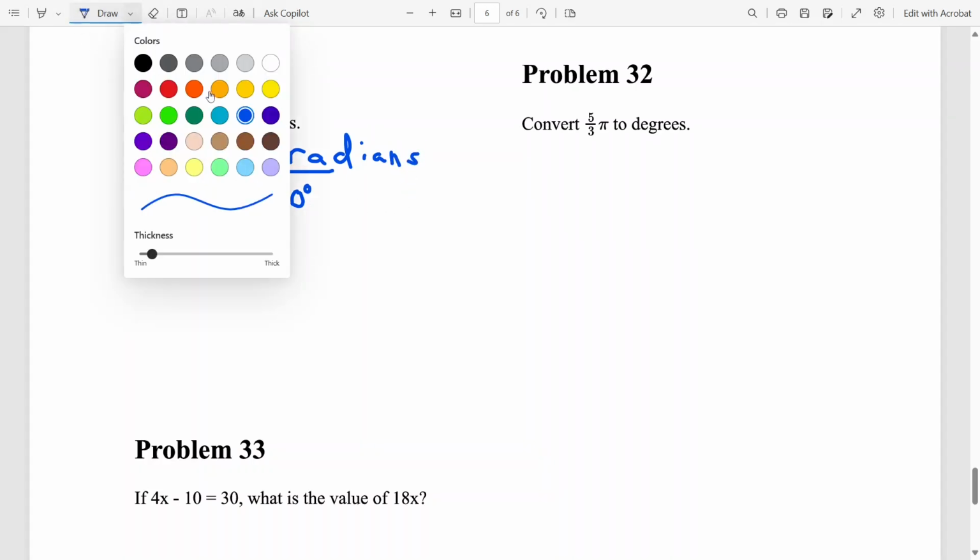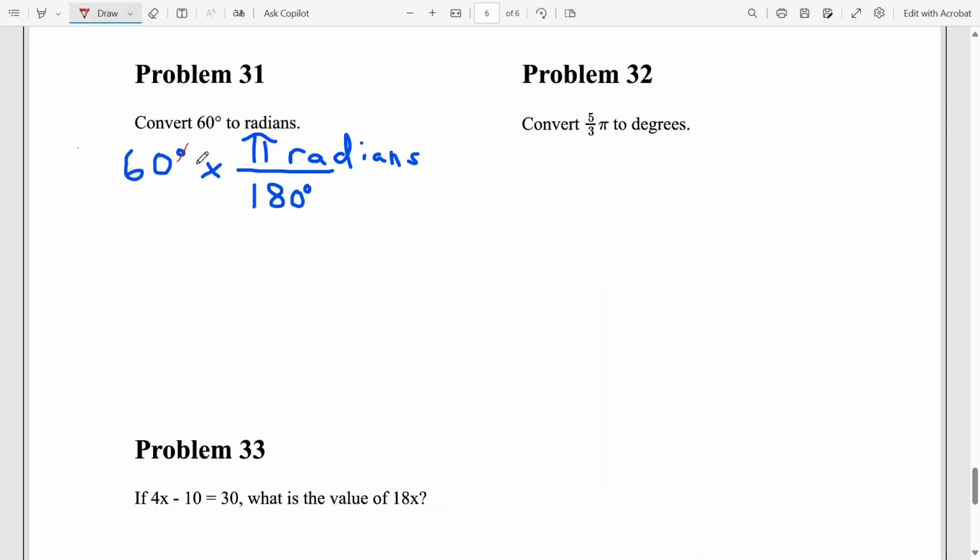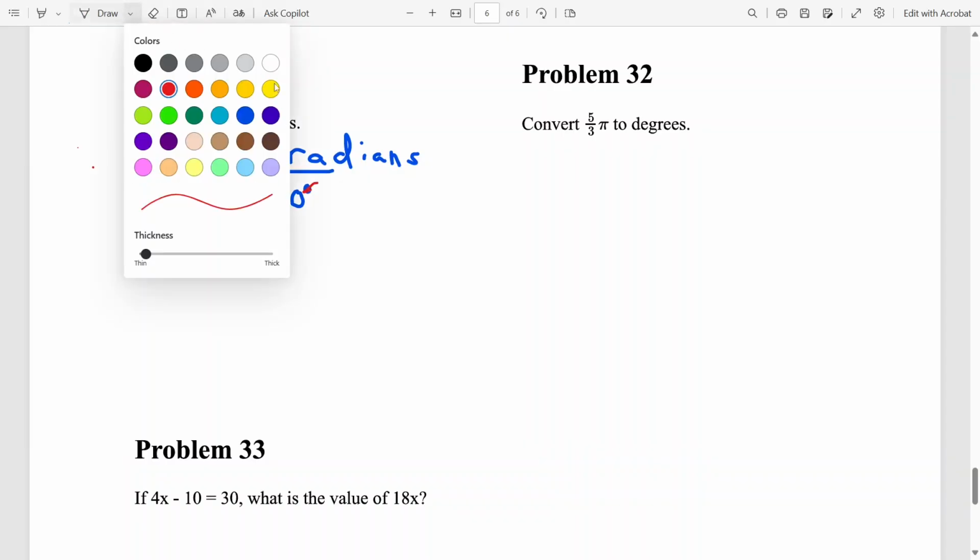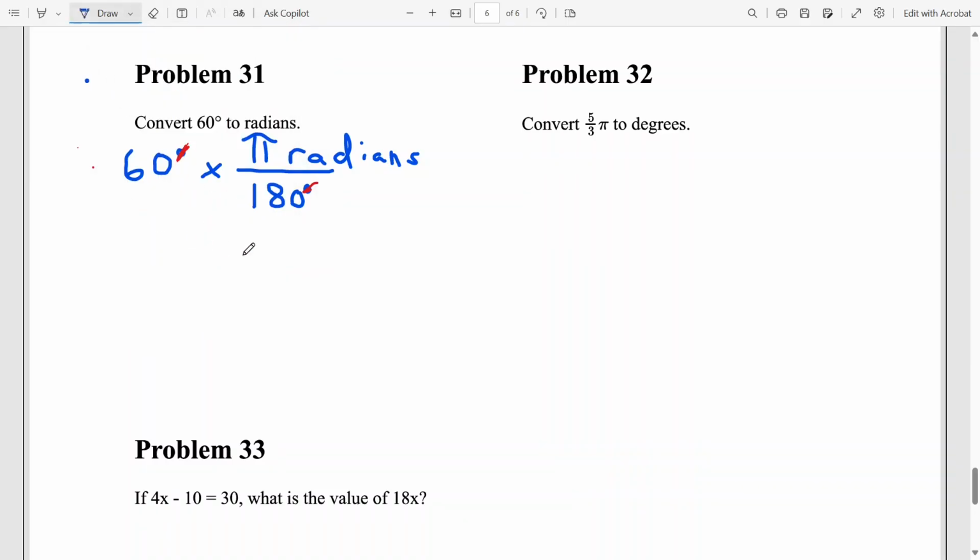So the degrees here will cancel. And we get 60 pi over 180 radians.